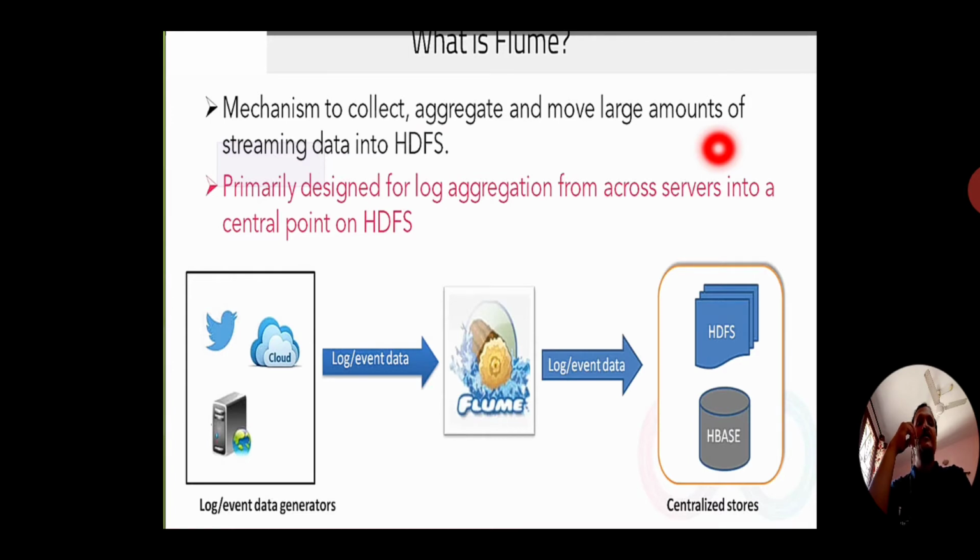It is a mechanism to collect the data from various sources. After collecting this data, it aggregates, and after aggregation, it moves the data to the HDFS file system or a database. Now you can see in the picture how Flume works.